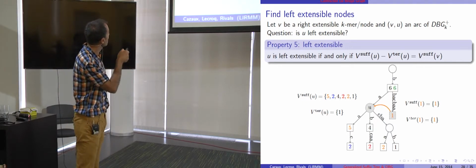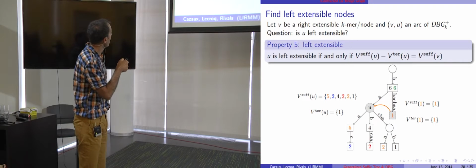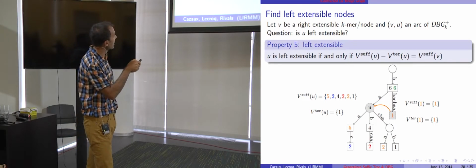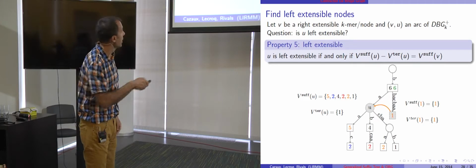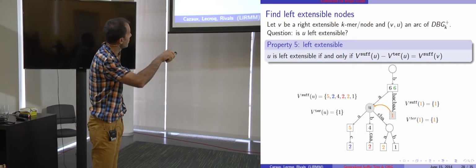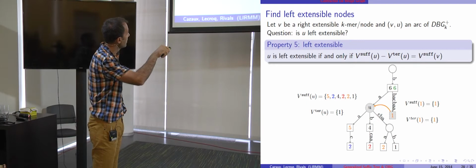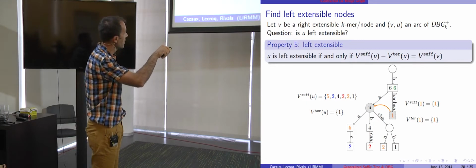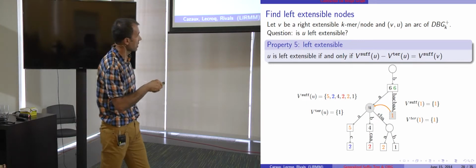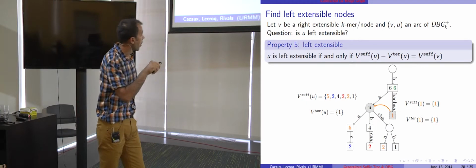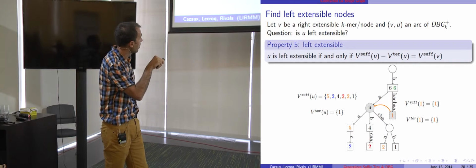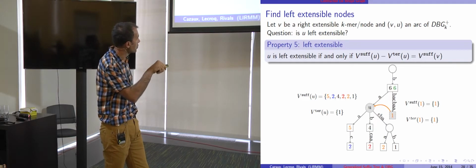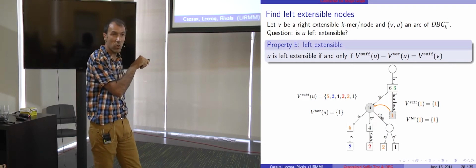Okay, we have this lemma, this property. U is left extensible if we can verify this. So I will explain what this means. This is V, an example, and this is U, and you are traversing this edge, and we want to know if it's left extensible or not. All the occurrences that are suffixes correspond to the numbers in the subtree of U. So there are 6 of them, column numbers.